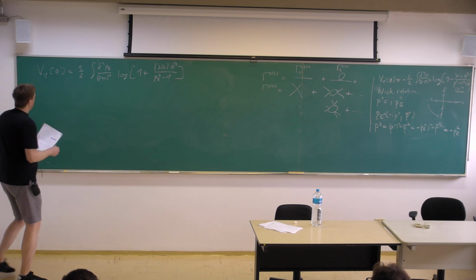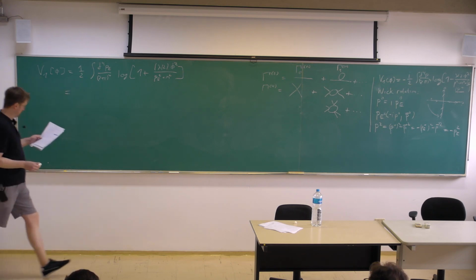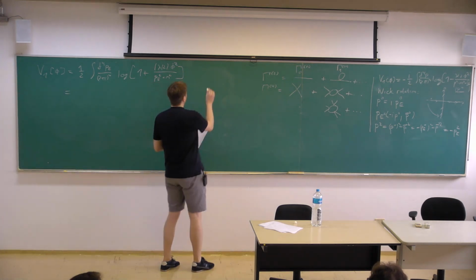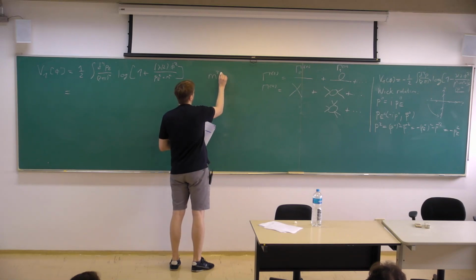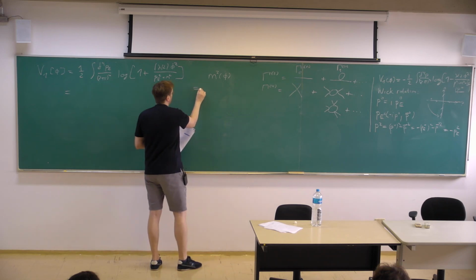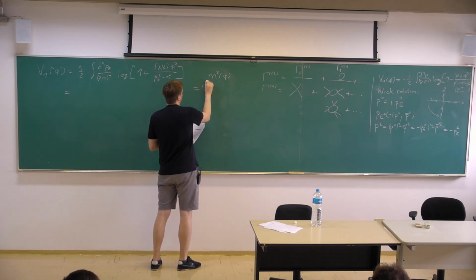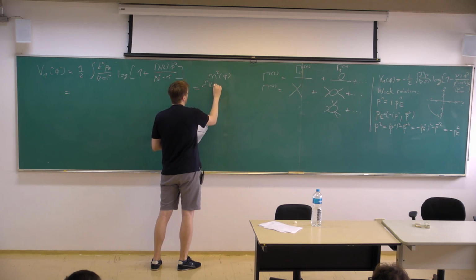Okay, so next I have to go through a few steps. Now let me define a field-dependent mass. I introduce this object m squared of phi, which is just the second derivative of the tree-level potential with respect to my field phi.